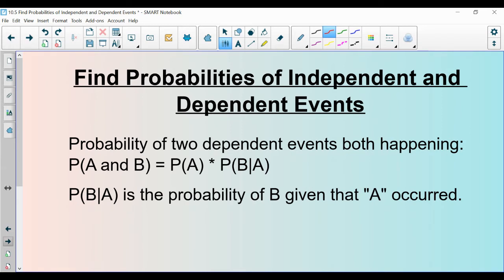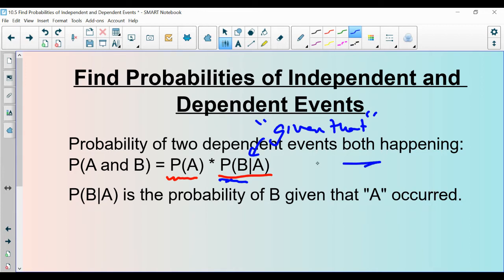Now, if the two events are dependent events, we are still going to take whatever the probability of A is, but then we're going to multiply that by the probability of B given A. This is probably the first time you've ever seen this notation. The symbol means essentially "given that A occurred."